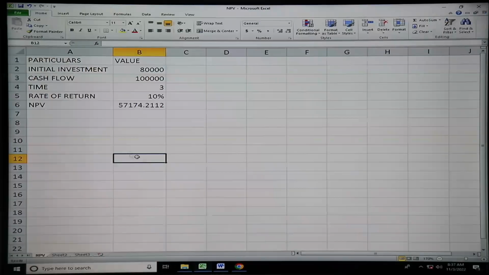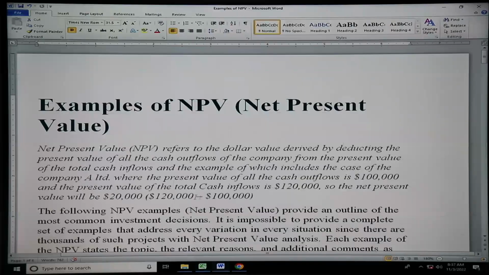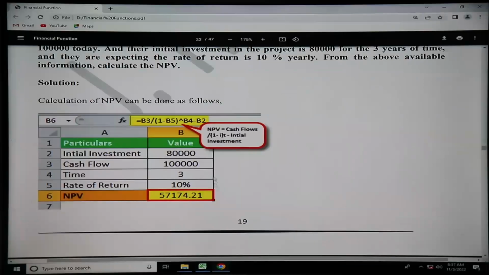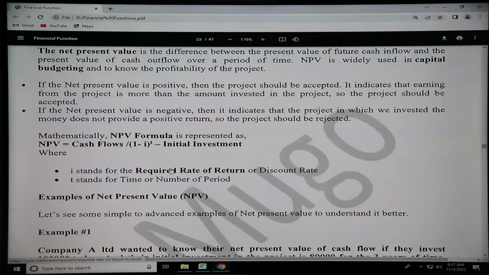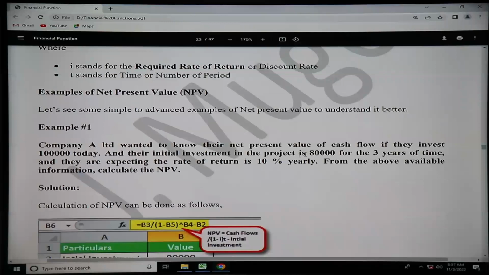And this was the initial investment. We are given the initial investment here. And the initial investment, according to our question, was actually 80,000. This was our argument here, that the project, the cash flow was cumulative.